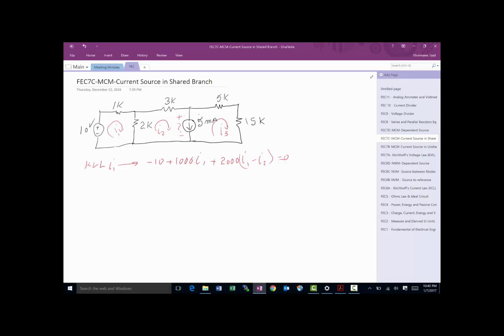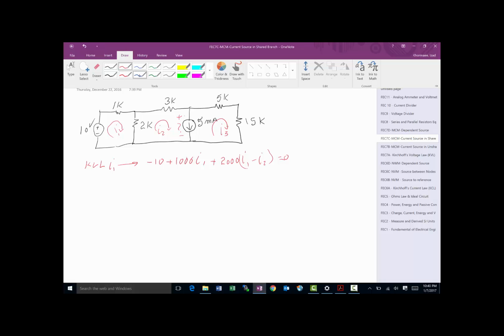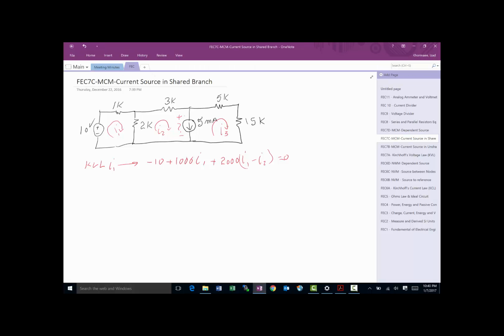So what we'll do is come up with a concept that we refer to as a super mesh. Instead of going around this mesh and then going around this mesh, we're just going to avoid the whole thing and go around the broader mesh. But we're still going to remember that the current through the 3K is I2 and the current through these others is I3.